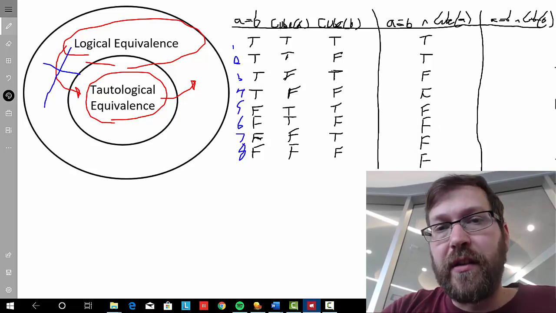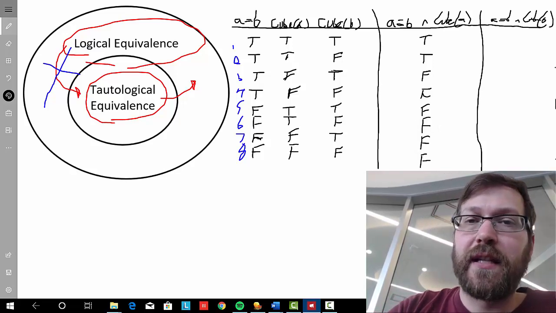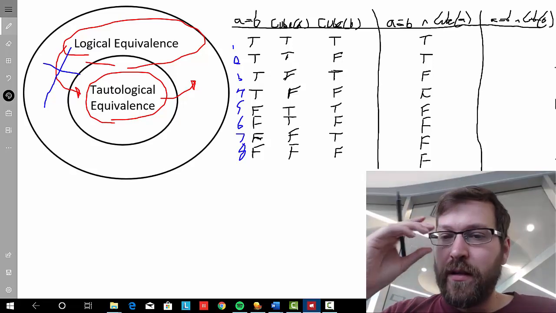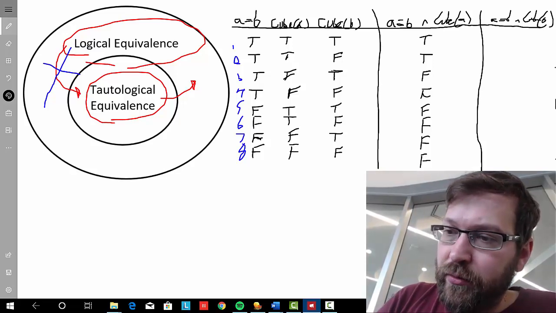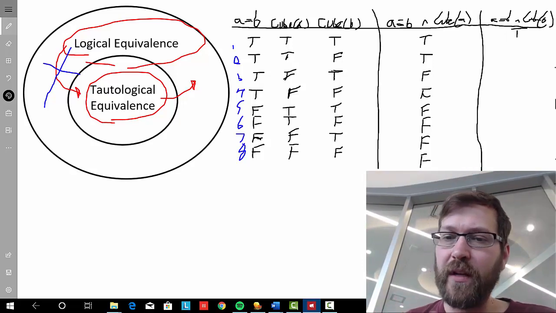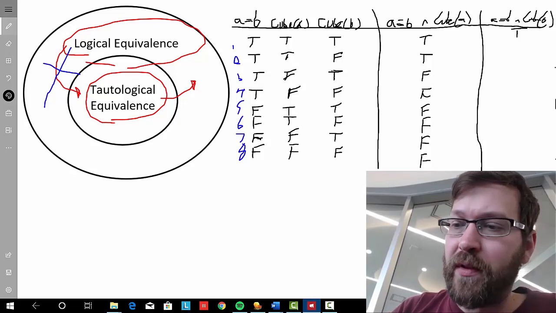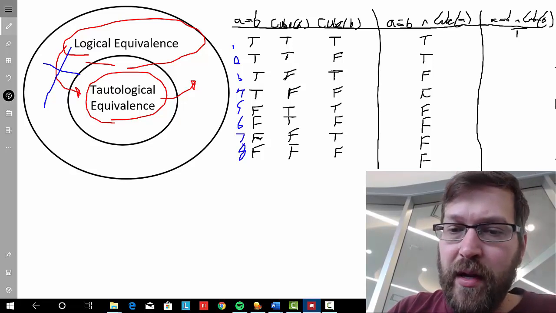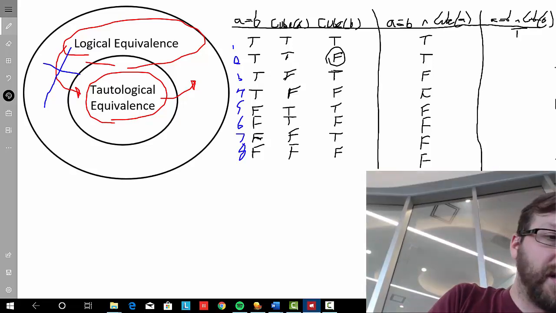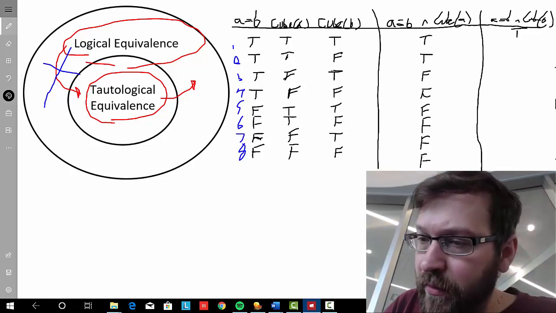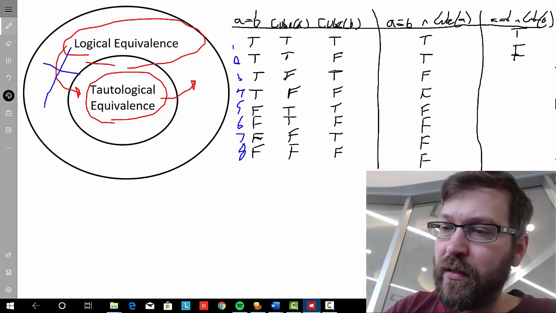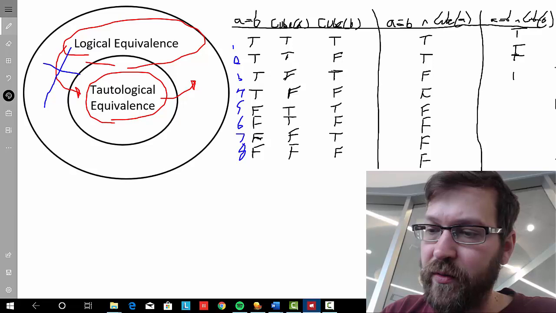Okay, so now let's look at the truth conditions for our second sentence, A is identical to B and B is a cube. Again, we're going to get true for our first situation because both of the conjuncts are true. But in our second situation, the right conjunct is going to be false, and so we get false for the second situation, and we get true for the third situation.